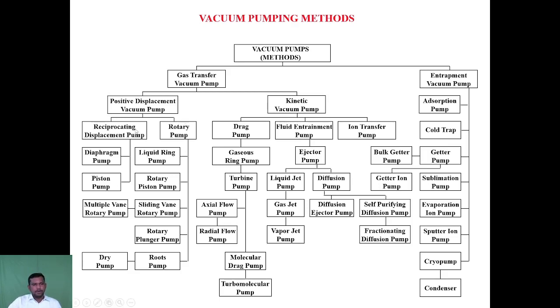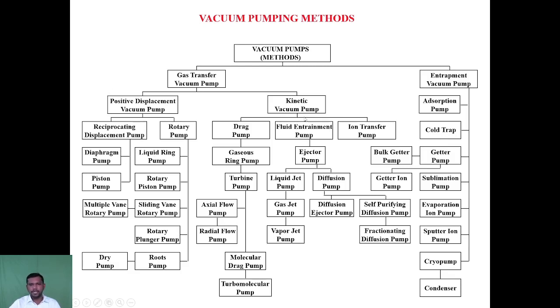The reciprocating displacement pump is classified into diaphragm pump and piston pump. Then the rotary pump is classified into different types, that is liquid ring pump, rotary piston pump, sliding vane rotary pump, multiple vane rotary pump, rotary plunger pump, and finally dry pump and root pumps. So these are all the different kinds of vacuum pumps available under positive displacement vacuum pump.